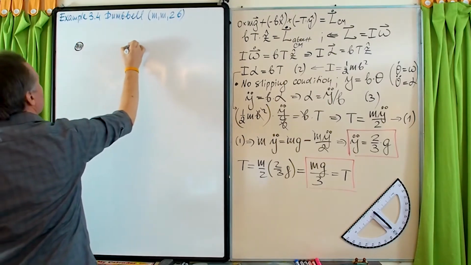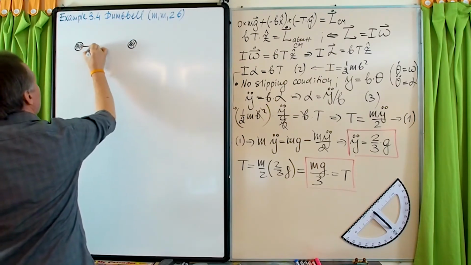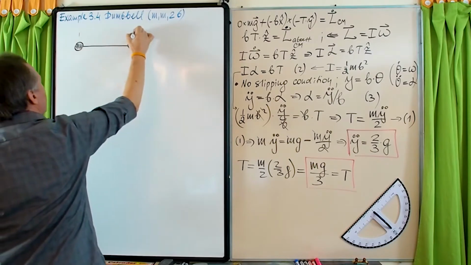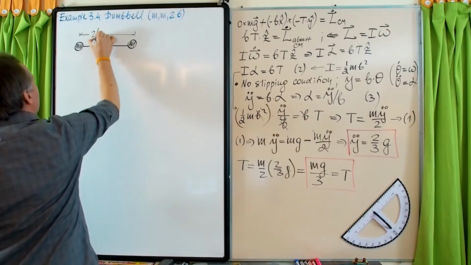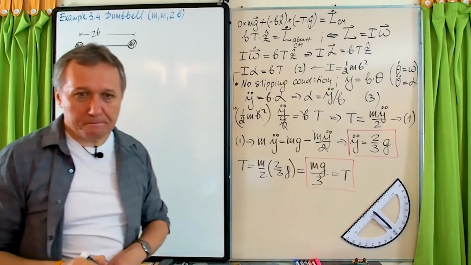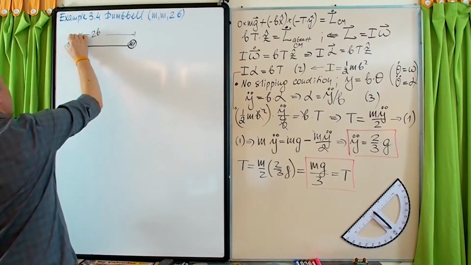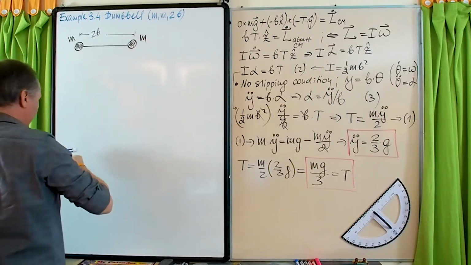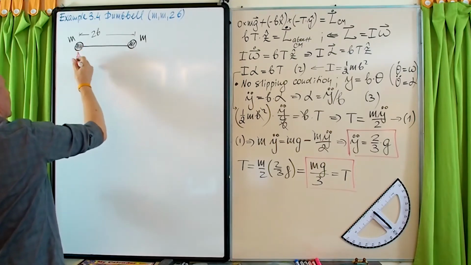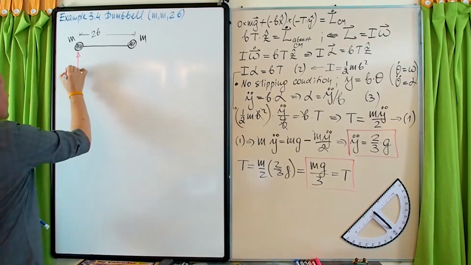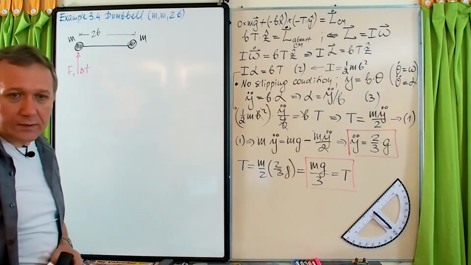So the first mass, the second mass, they're connected with a massless rod, over distance 2b. And the force is applied to the left mass. So F, and it acts over the period of time delta t.